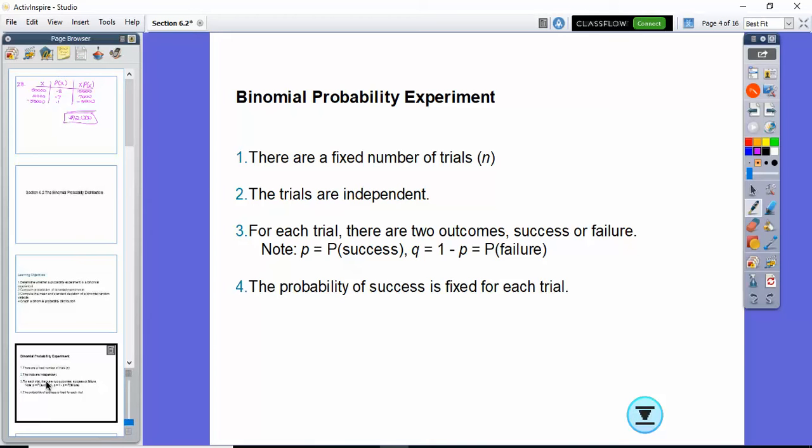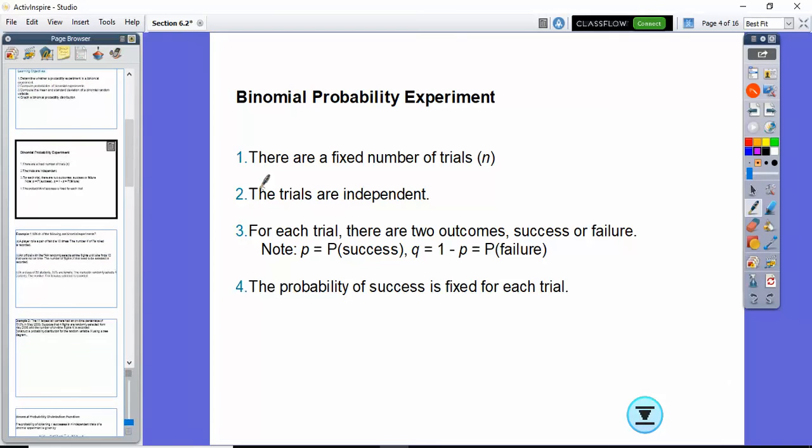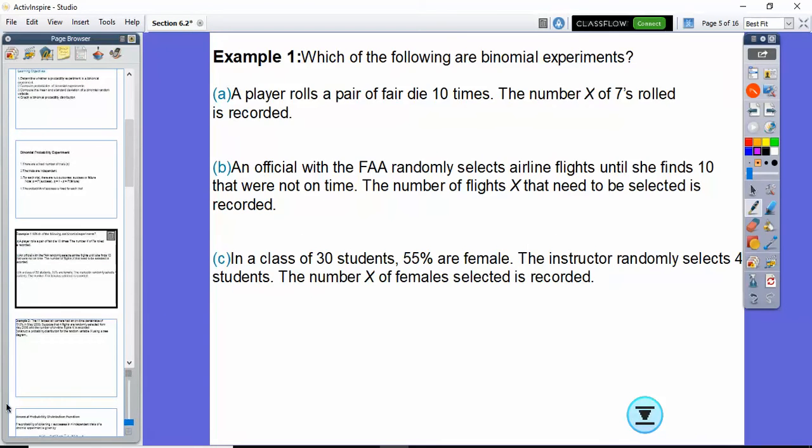For each trial, like I said, binomial means 2 outcomes, success or failure. The typical notation is a lowercase p for success and a lowercase q for failure. And the probability of success is the same for each. So to be binomial, we have to have these conditions satisfied.